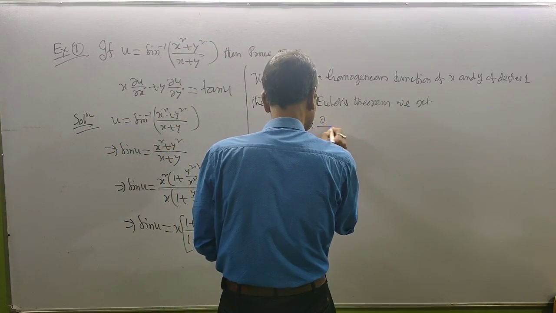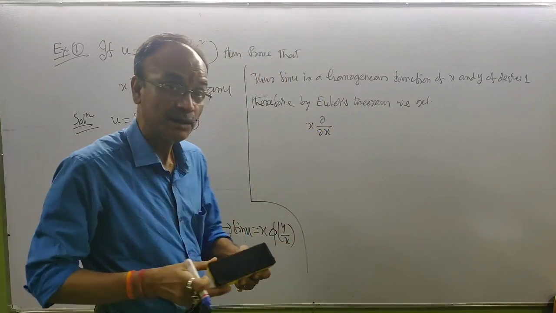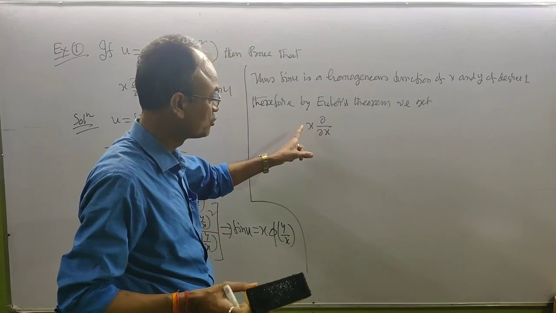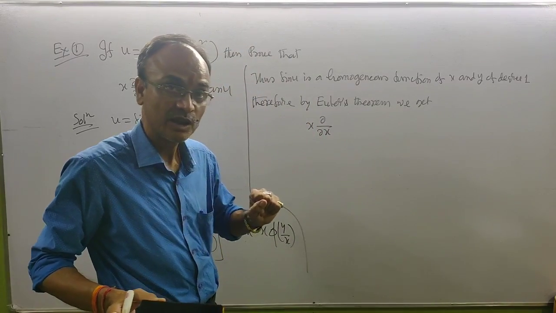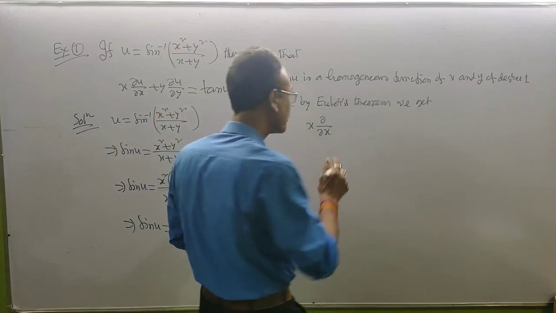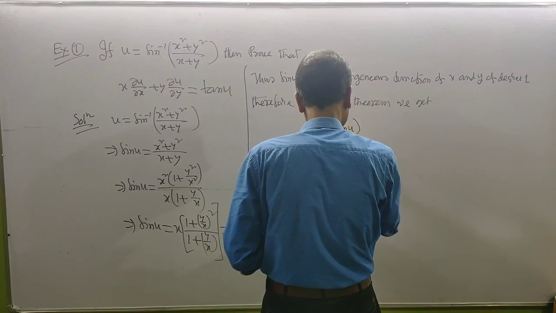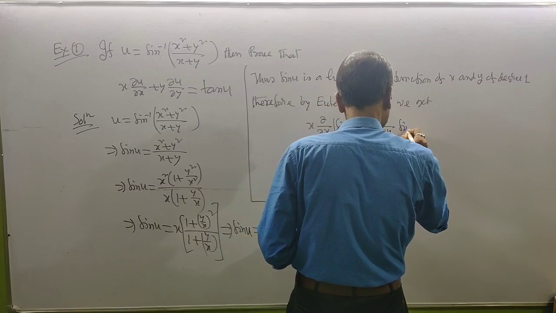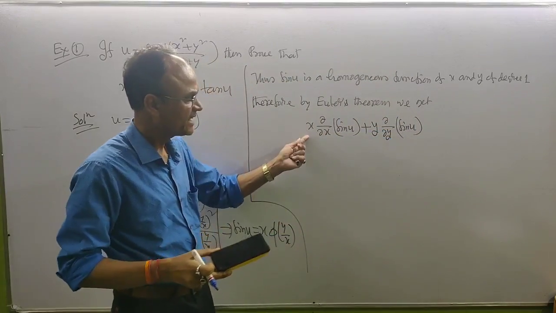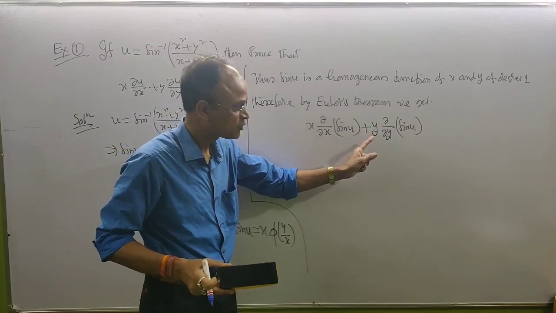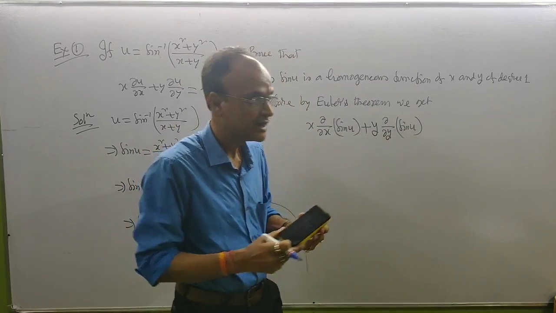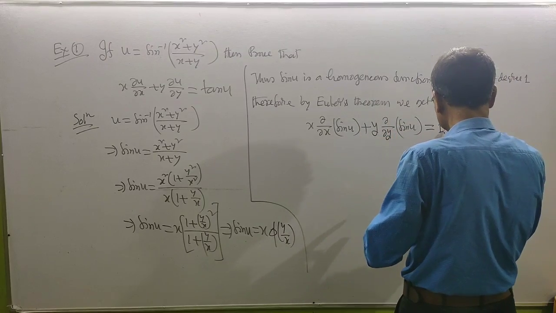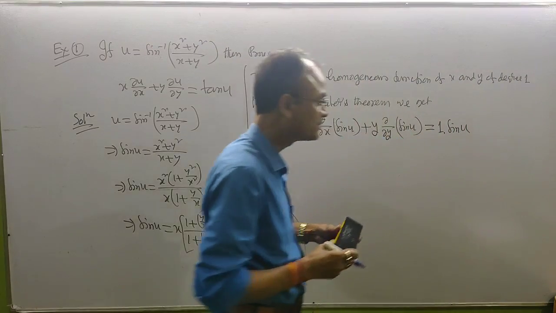Because it is a homogeneous function of x and y, you should write x del del x of the function sin u, plus y del del y of sin u, should be equal to 1 into that function.